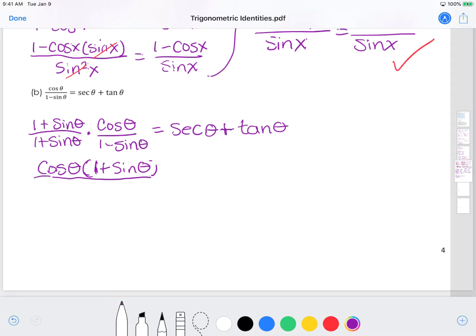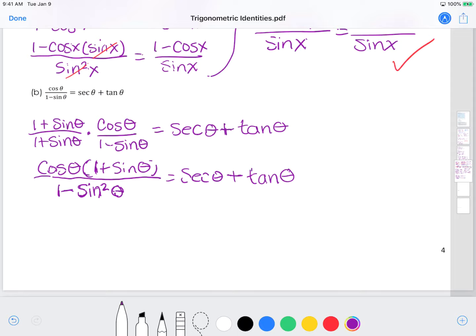And then in the denominator, when I take 1 plus sine times 1 minus sine, that's the difference of squares. So I'm going to get 1 minus sine squared theta. Sorry, my pencil battery is running low. And I'm trying to get that to equal secant theta plus tangent theta.